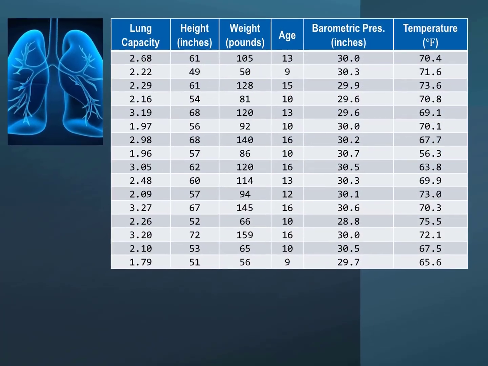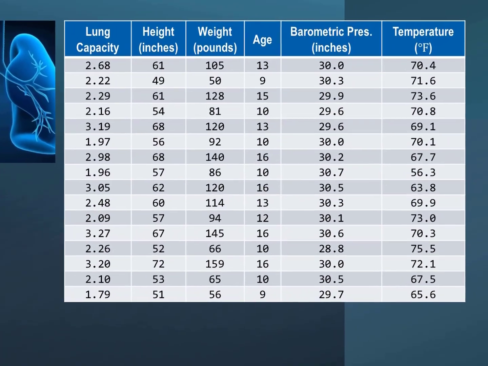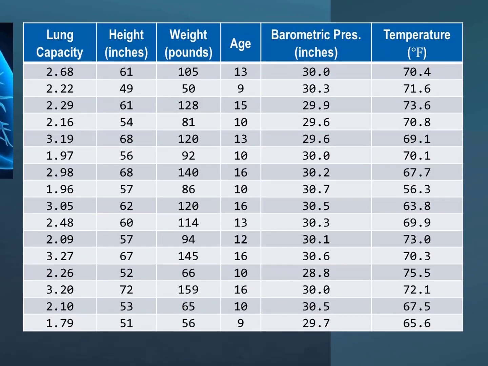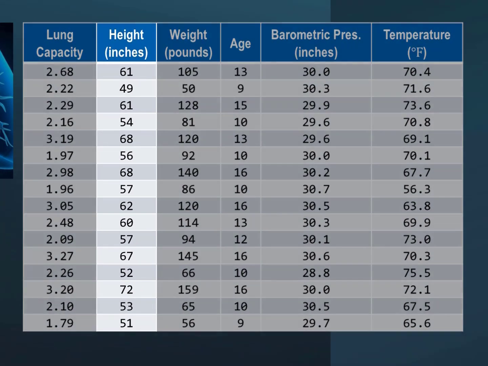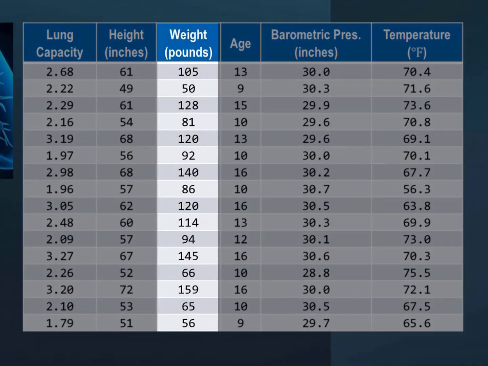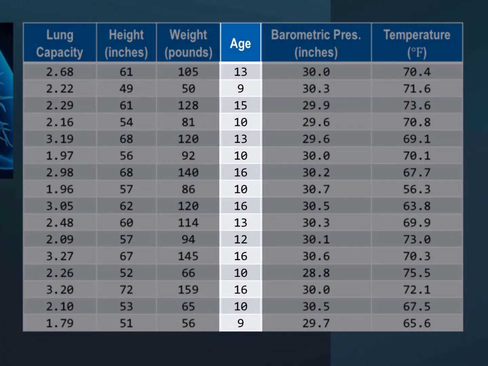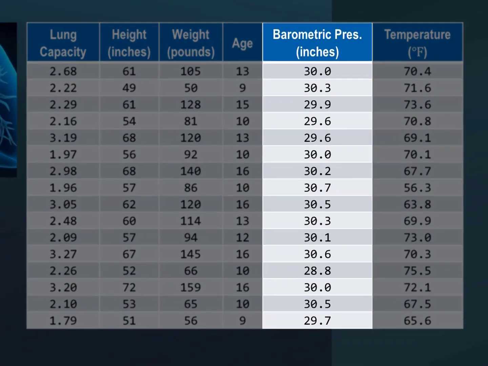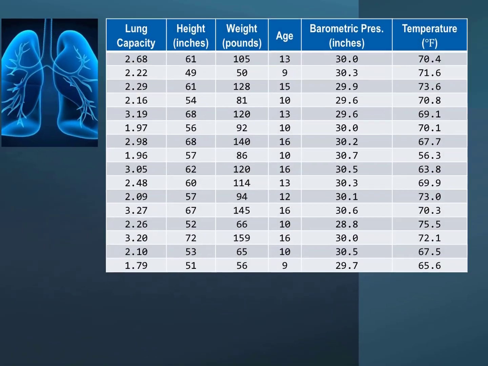We have a study in which the lung capacities of 16 children were measured. Variables that might be useful in predicting a child's lung capacity include height in inches, weight in pounds, and age, as well as the temperature in degrees Fahrenheit and barometric pressure in inches at the time the lung capacity was measured.